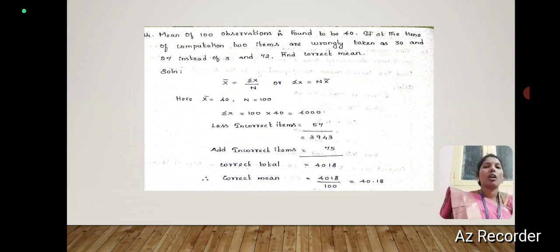So the formula we already know: x bar equal to summation x divided by n. As in the previous problem, the wrong item is subtracted and the new item is added. So subtract the incorrect items 57 and add the correct items 75. So the total was 4018 and the correct mean, that is new x bar equal to summation x divided by n, that is 4018 divided by 100, and simplifying this we get the answer 40.18.